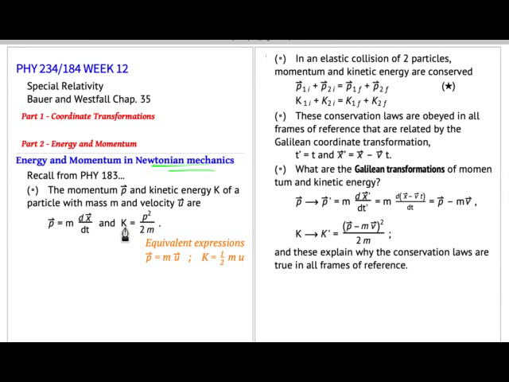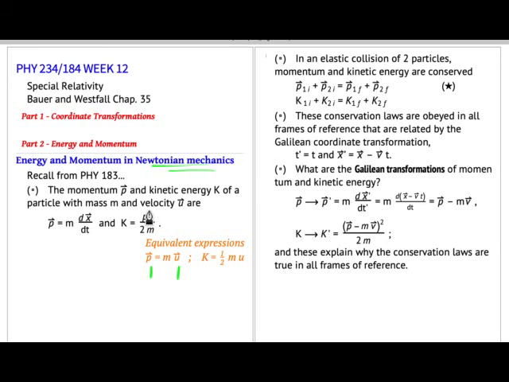And K is p squared divided by 2m. Here are some equivalent expressions. p is mu, mass times velocity. Now, of course, velocity is a vector, so the momentum is a vector.